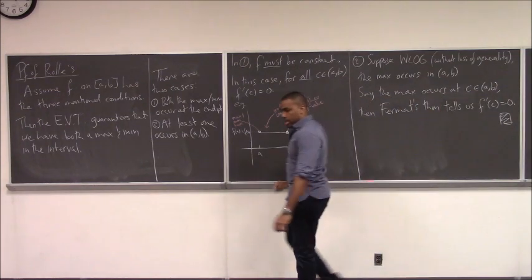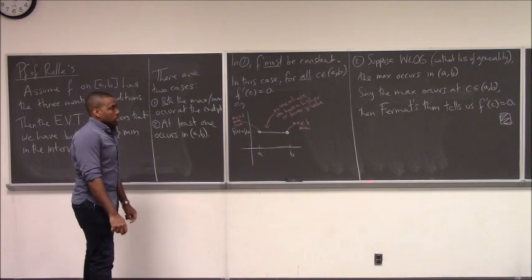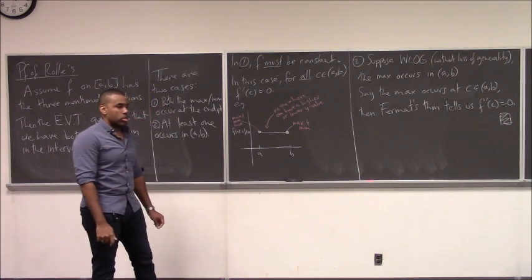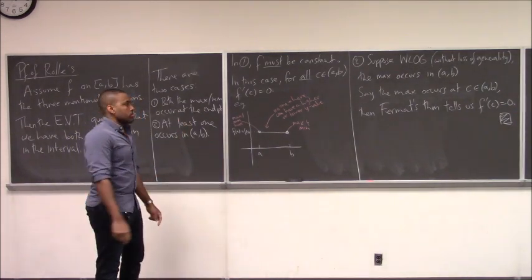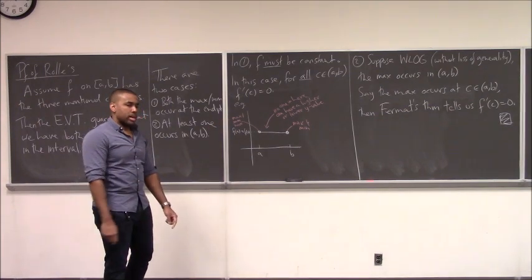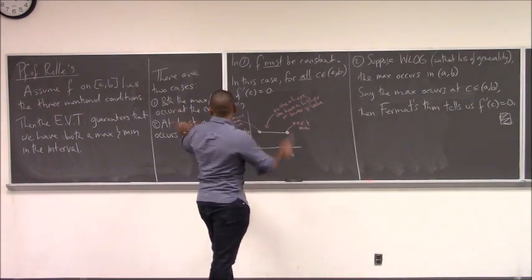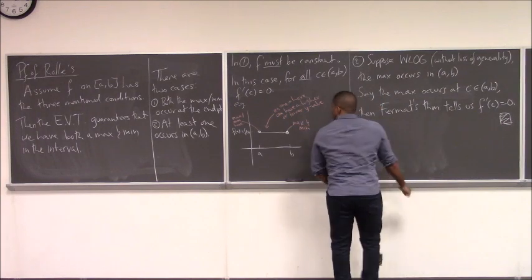So Fermat's theorem was that theorem that says if we have a function that has a maximum or minimum and the derivative exists at that maximum or minimum, which is condition 2, then the derivative at that maximum or minimum will be 0. That was Fermat's theorem. So you'll see in either case, we end up finding a point where the derivative is 0.